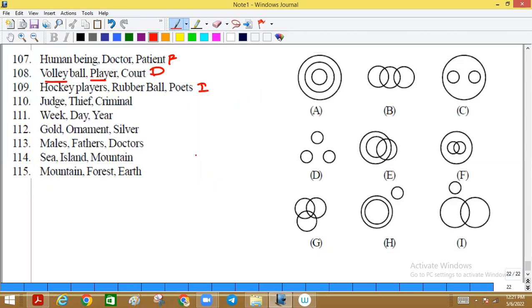Next, 110. Very interesting question. Highly logical. Judge, thief, criminal. Judge, thief, criminal. Which option? Okay.